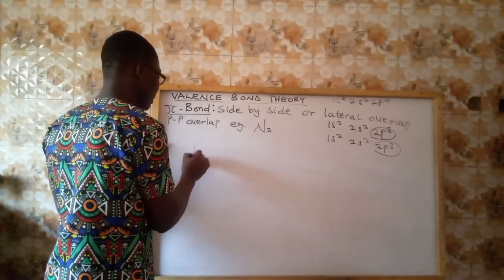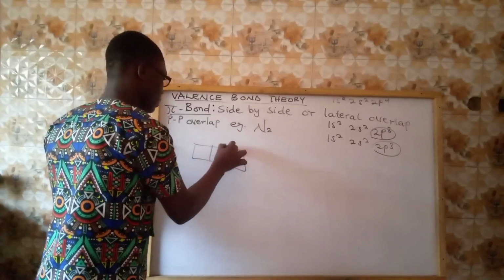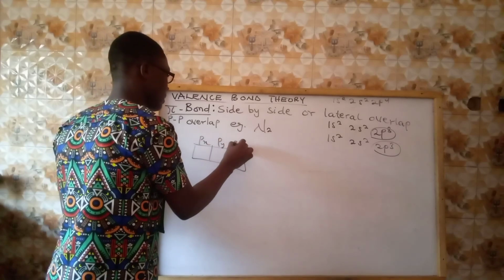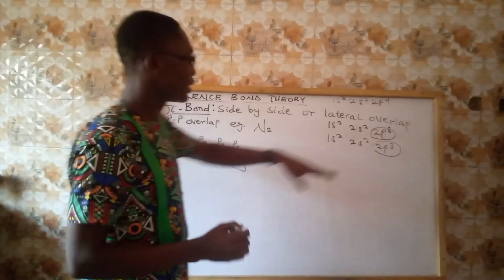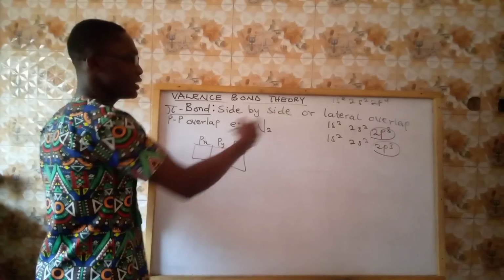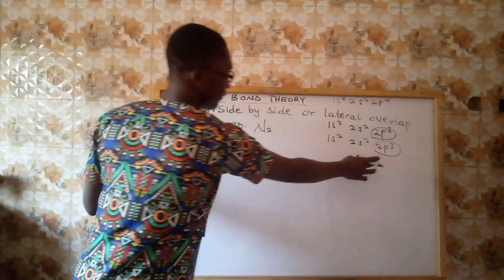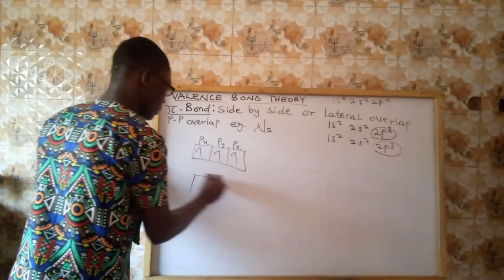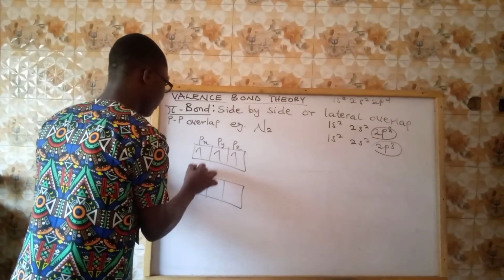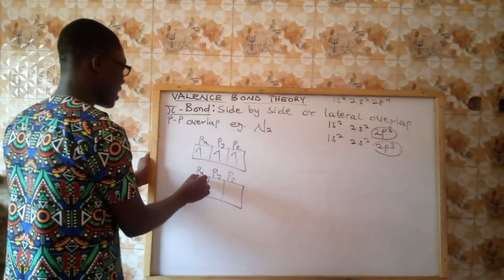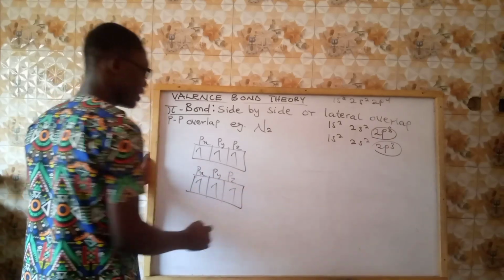So you have px, py, then pz. For the first one, we have 3 electrons, 1, 2, 3. For the second one, we have px, py, pz, and also 3 electrons.